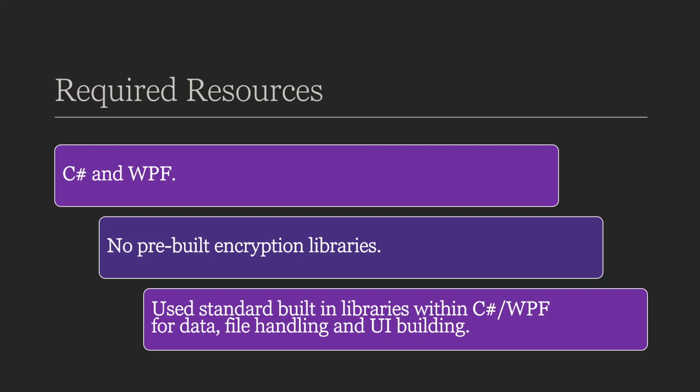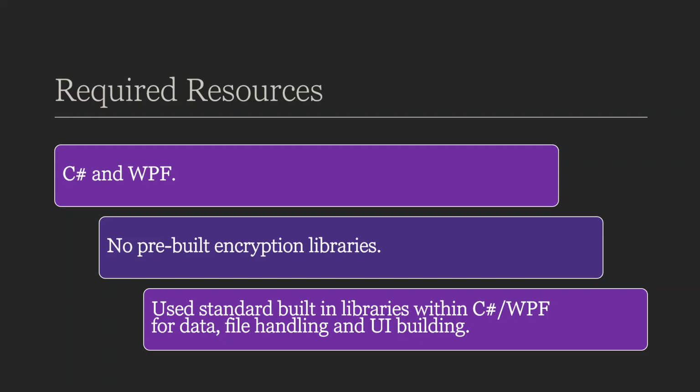So my required resources, like I said earlier, I'm using C Sharp and Windows Presentation Foundation for my UI. Additionally, C-based languages, I've noticed, have pre-built encryption libraries, which makes it really easy to use certain encryption algorithms where you don't have to implement the whole thing by yourself. I've decided not to use these because it kind of defeats the purpose of showing students how these algorithms actually work.